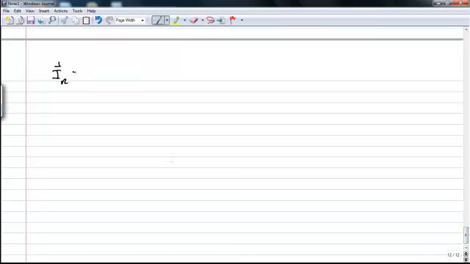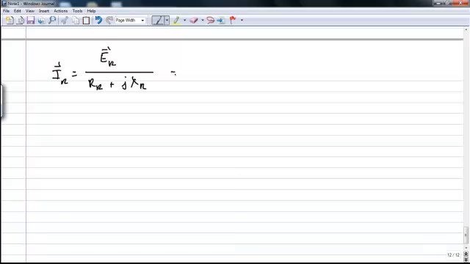I sub r is equal to the voltage, E sub r, divided by R sub r plus jX sub r.